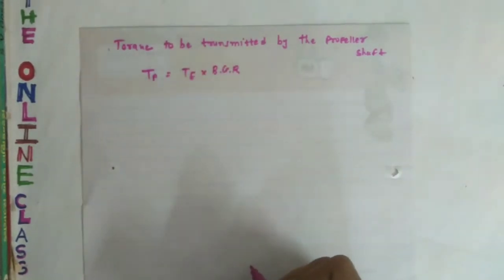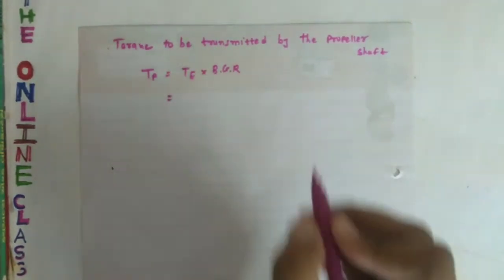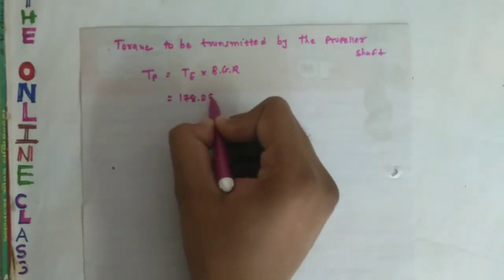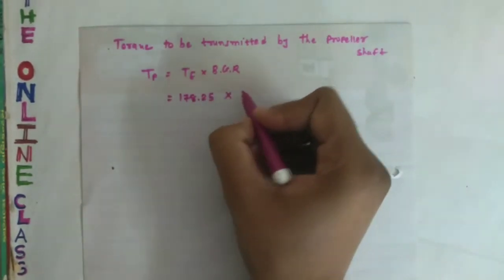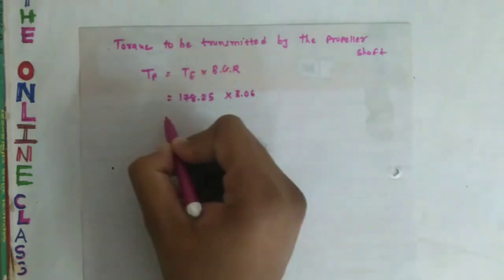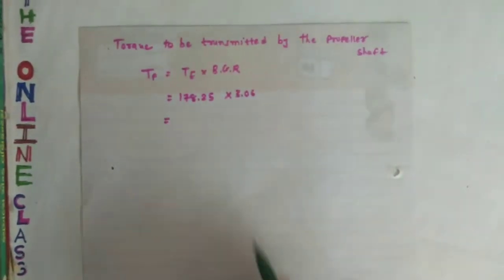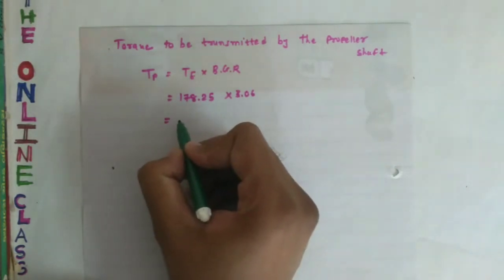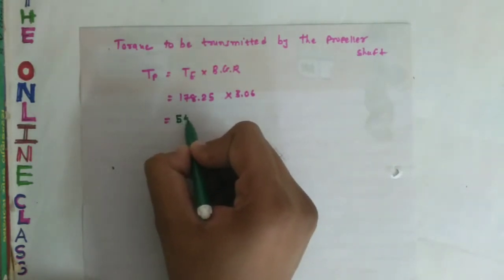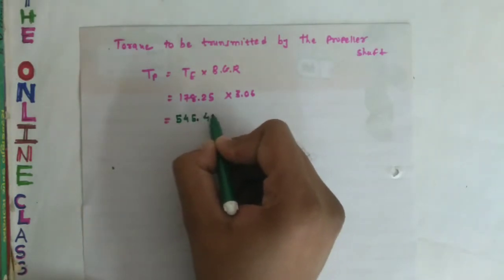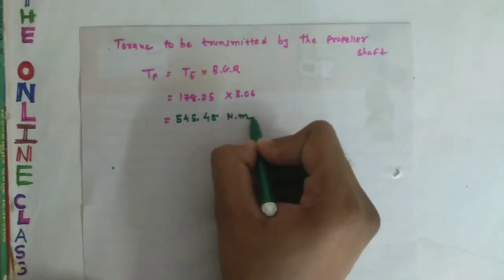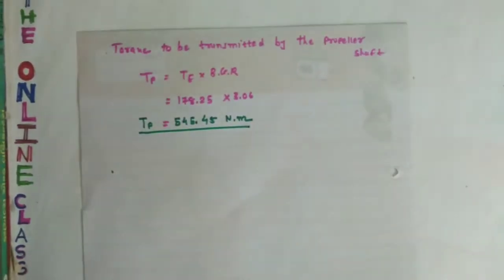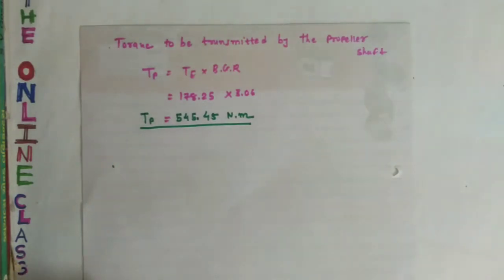What is the value of TE? 178.25, and the gear ratio is 3.06. Multiplying, we have the value of TP as 545.45 Newton meter.